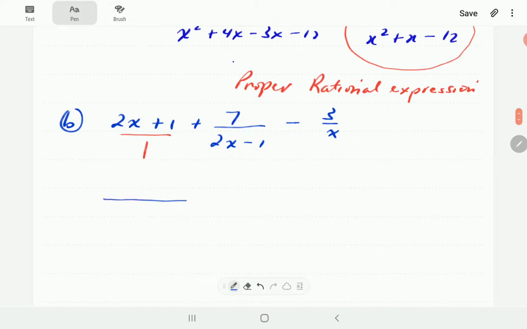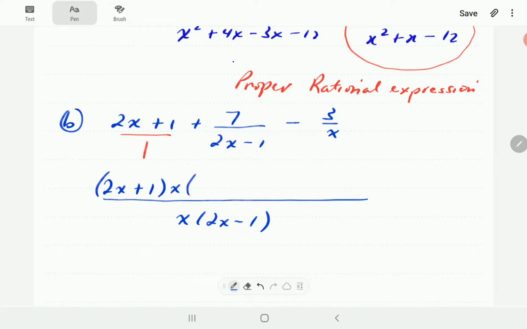So the LCM is going to be x into 2x minus 1. Then 1 is going to go here, x into 2x minus 1 times. So we're going to have 2x plus 1 times x times 2x minus 1.